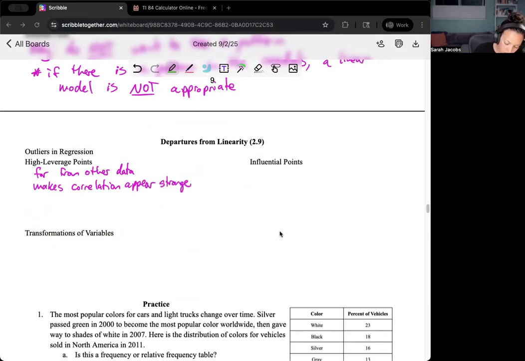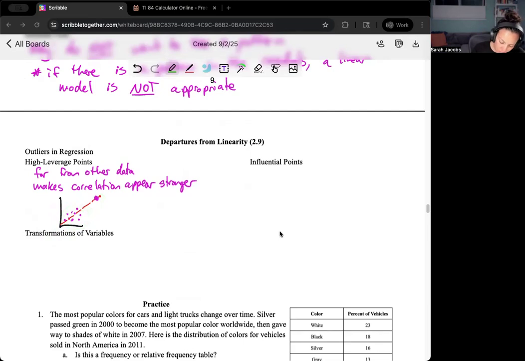So what that might look like is if we have our scatter plot and pretty much all of our data is like here, and it's like okay, there's some sort of pattern. But then we have this high leverage point way out here. That's going to affect the calculations of our LSRL. This data point is going to have an outsized effect that makes this appear much stronger, even though most of the data here is moderate.